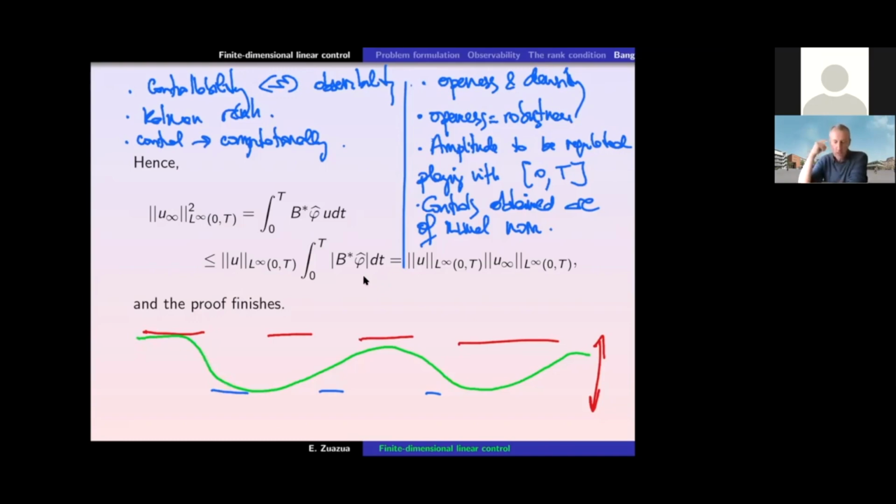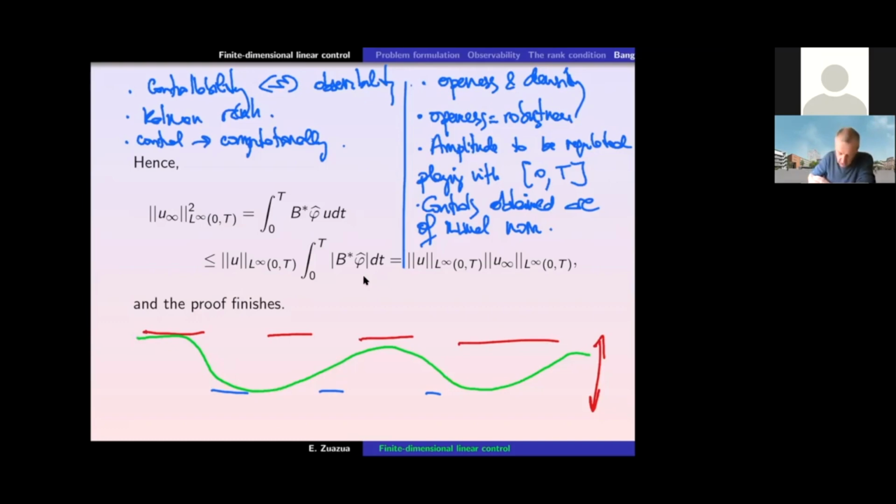Why would you exclude these smooth transitions in the bang-bang control? Well, the reason is the following. Assume someone claims to have a control of minimal norm and it is smooth like this. I tell you, well, this will not be of minimal norm.